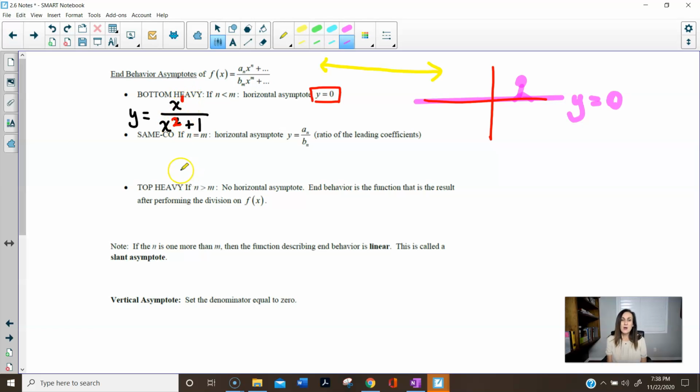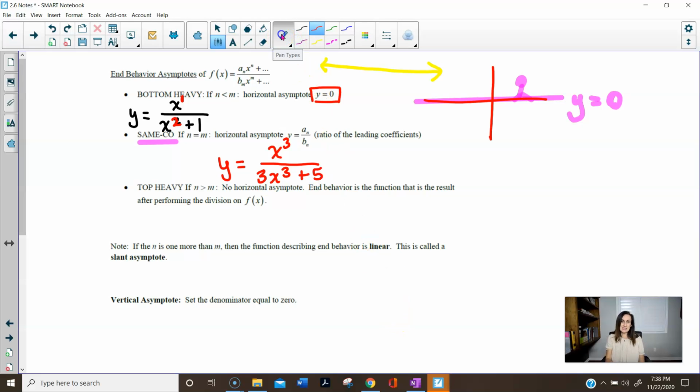Okay, same-co. So same-co rhymes with Costco. So same-co is how I remember the next one. And what same-co means is when you have a rational function, the degree in the top, so this would be like x to the third, is the exact same as the degree in the bottom. So 3x to the third plus 5.